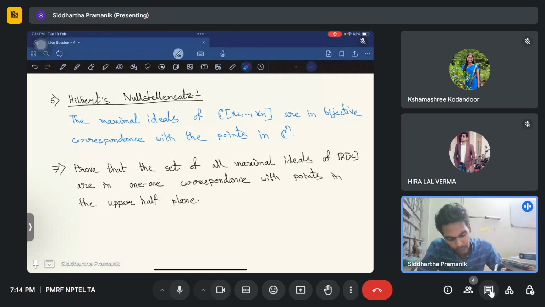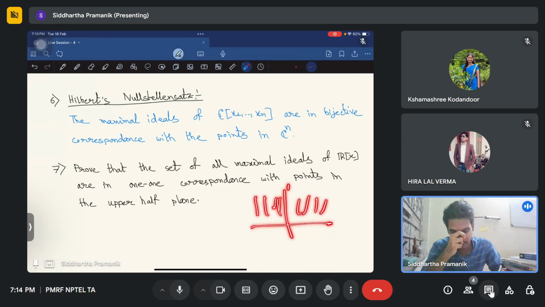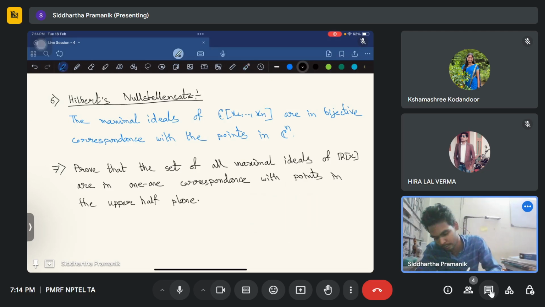Upper half plane means if you just take the plane R^2 or C, it is just this upper part, meaning those points whose y coordinate is non-negative, so including the x-axis.